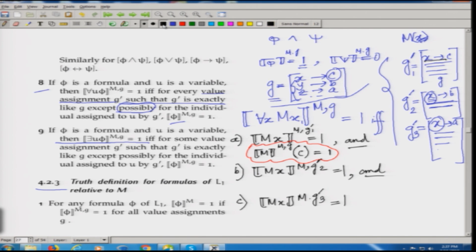We go to the second one. This assigns b to x. So, it means mx with respect to m g prime 2.